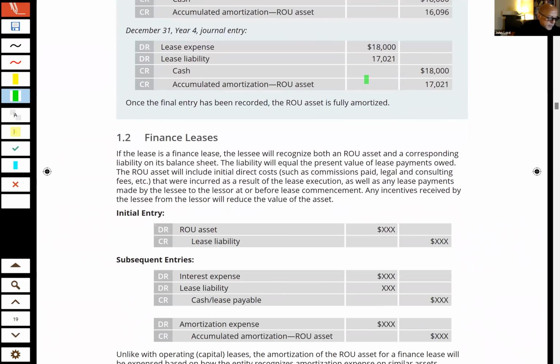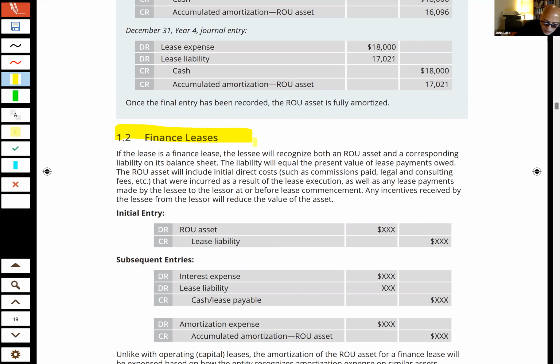Okay, now finance leases are more like a financing agreement in which we're going to be recognizing the difference between the true interest expense portion of the payments and the amount that is actually going to pay down that lease liability.